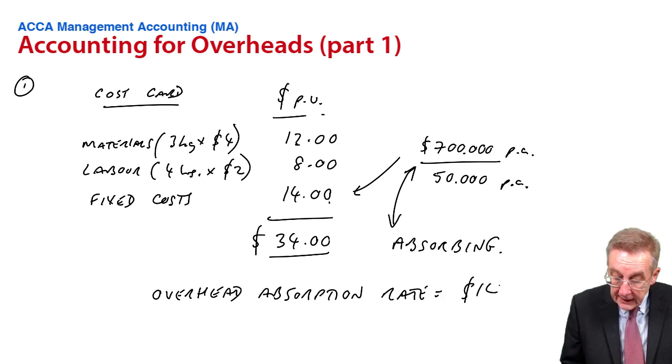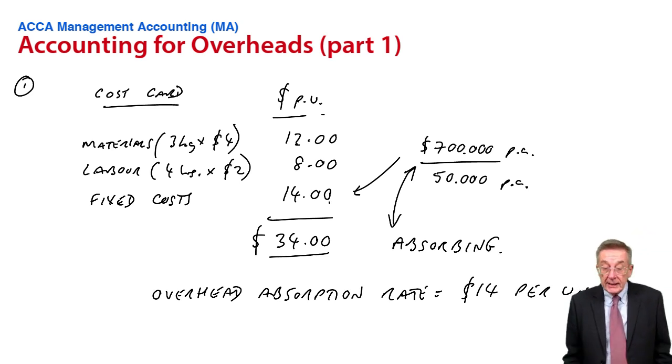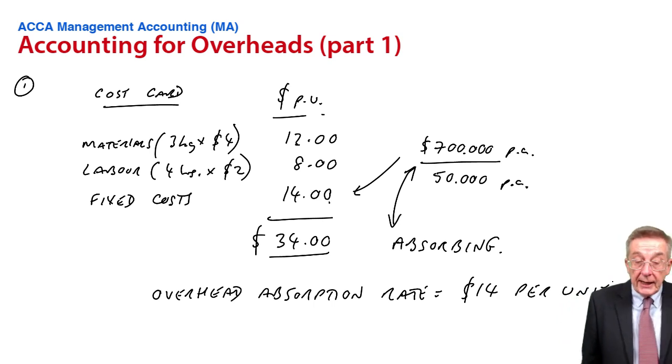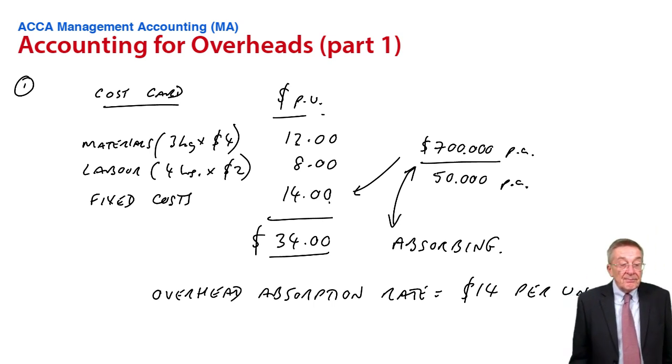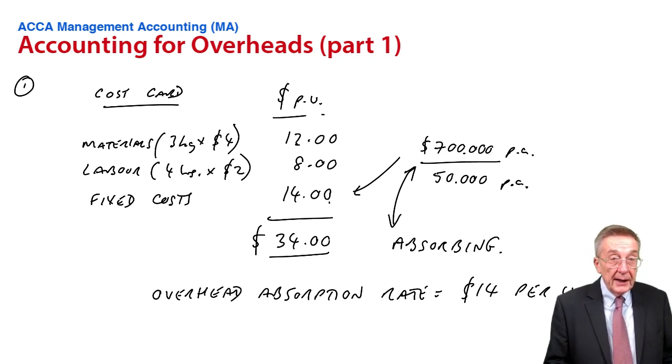Here it's 14 per unit. Overhead absorption rate, overhead charging rate. We're charging the units with $14 fixed overheads. Okay, that's fine, and I hope not too much of a problem. But there are 2 problems that can occur.